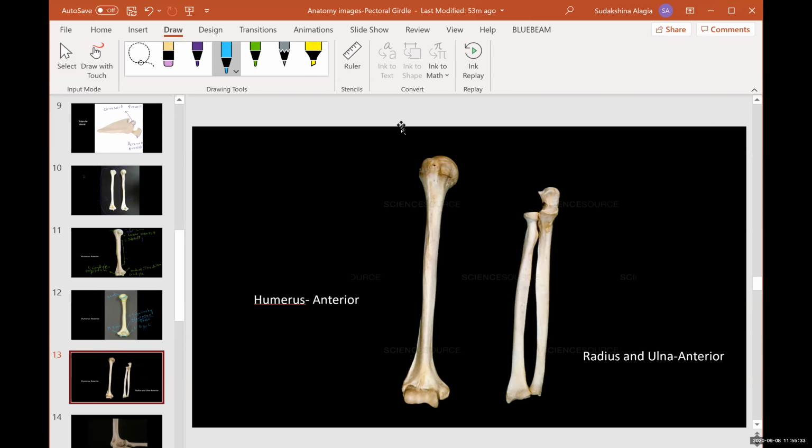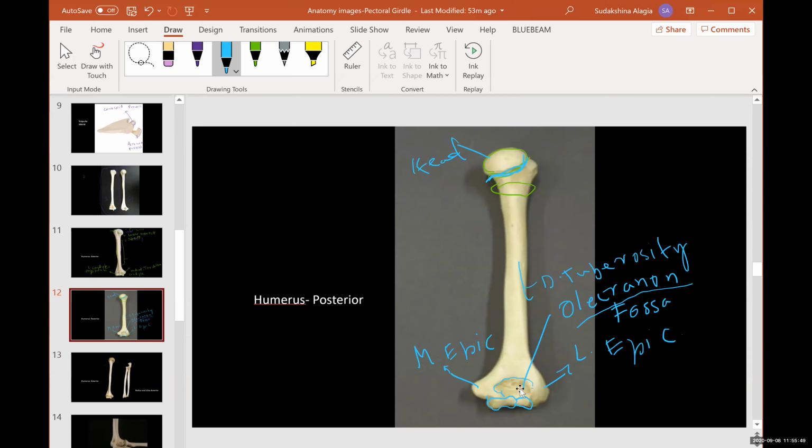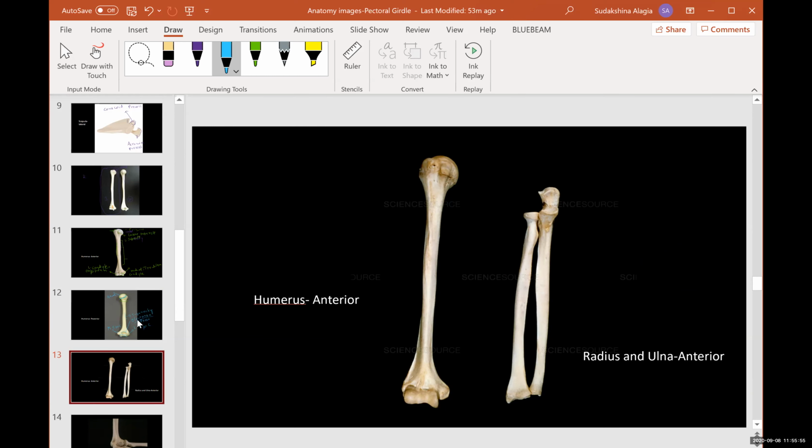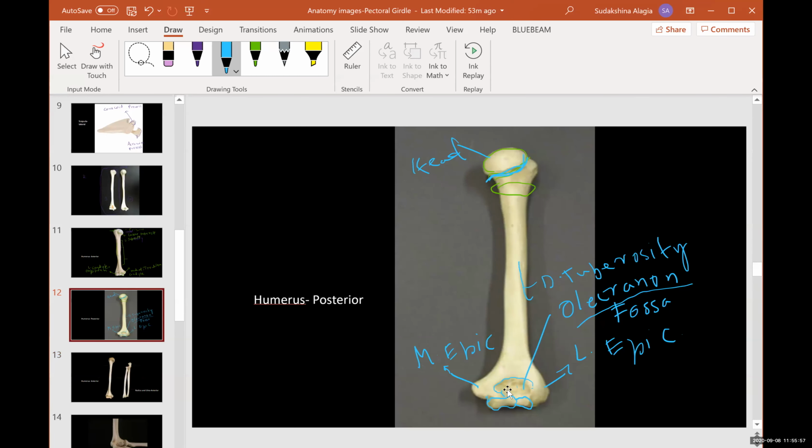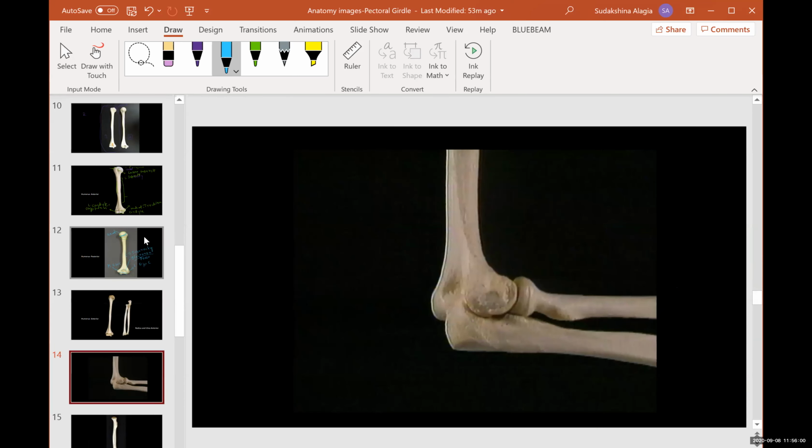So this part of the ulna, see that? This is what goes in here. This goes in here, like you see in this image. You can see the olecranon fossa. This part of the ulna is known as olecranon process.